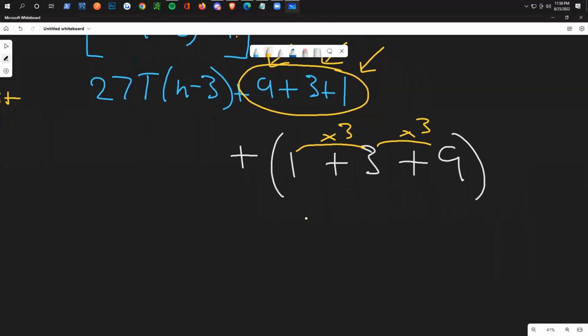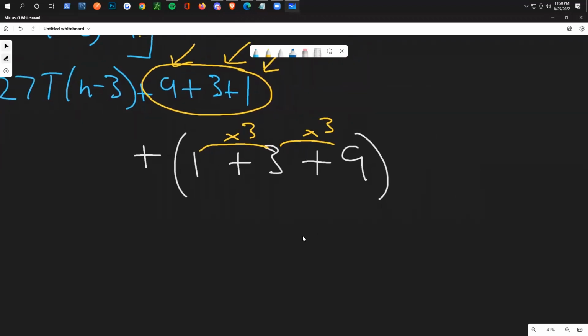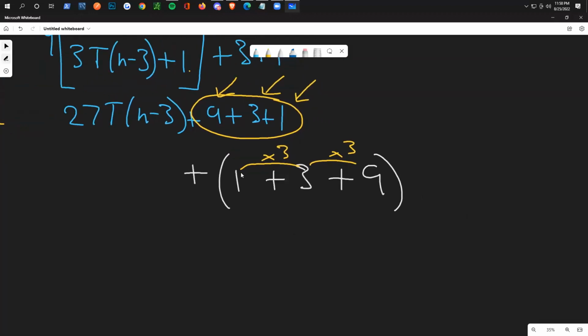So now from this point, you can say, okay, we know that the first term is 1. If every time we're multiplying times 3, we're going to end up having some sort of summation where each term is some sort of power of 3, right? So we can say this could be, for example, 3 to the i.